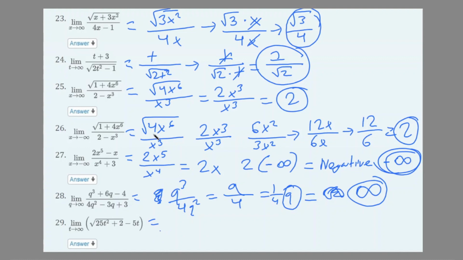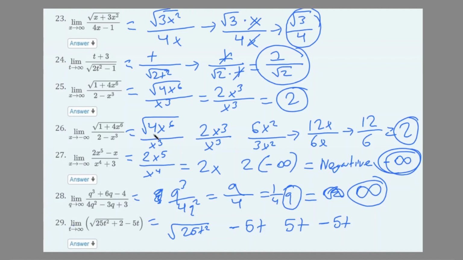Now number 29. This is a bit different than the other ones. This is not a fraction, but we could do the same thing here. Take out 25t squared, and let's also take out minus 5t. Let's simplify 25t squared, and we get 5t, and it's minus 5t.